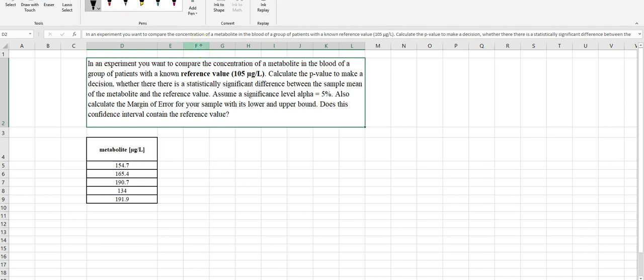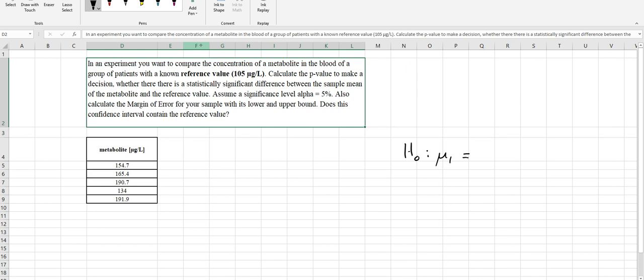So we would say our null hypothesis is that we assume that the sample is drawn from a population that has a population mean. So this is the population mean from which the sample is drawn.